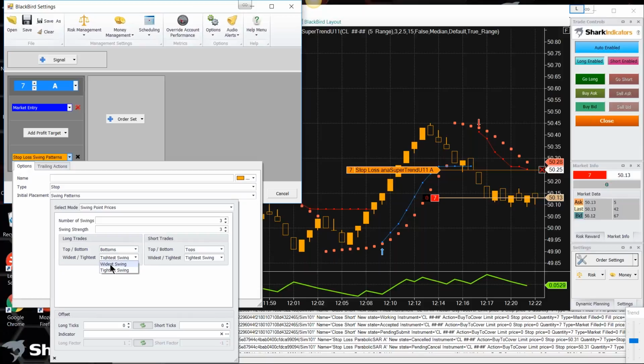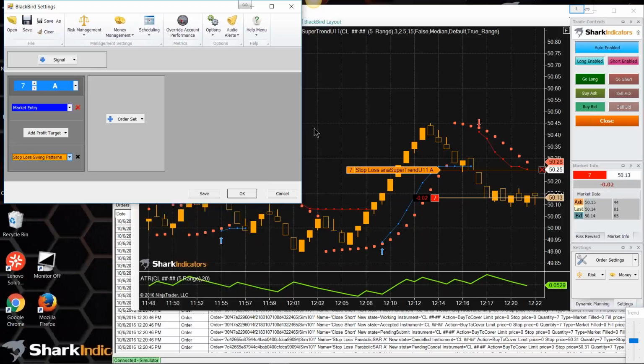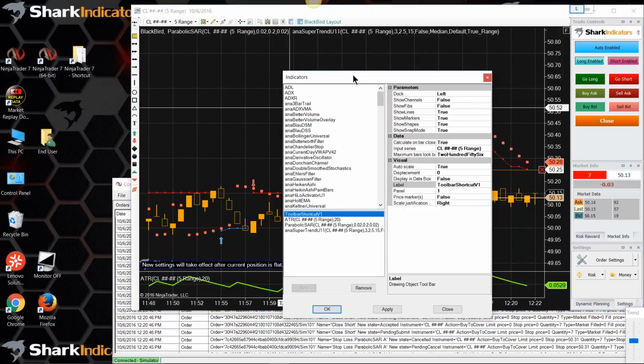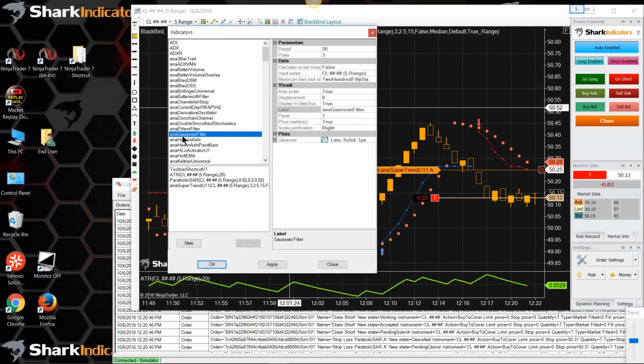So if you need to learn what the widest swings versus the tightest swings are, then what you need to do is pull up the documentation for the swing high-low indicator. So again, let me put that indicator on the chart here.